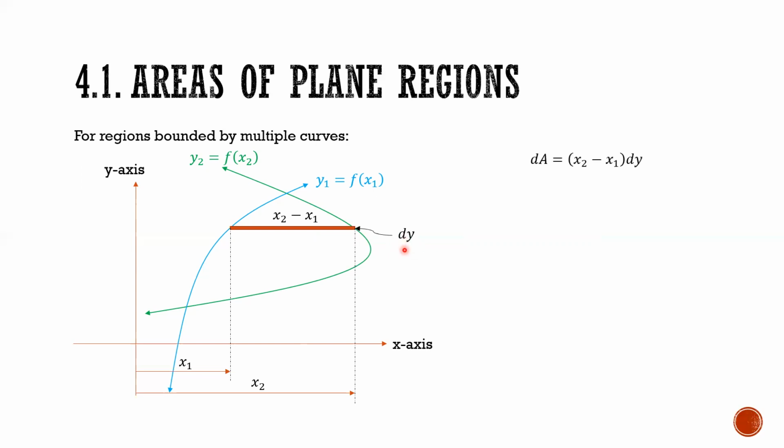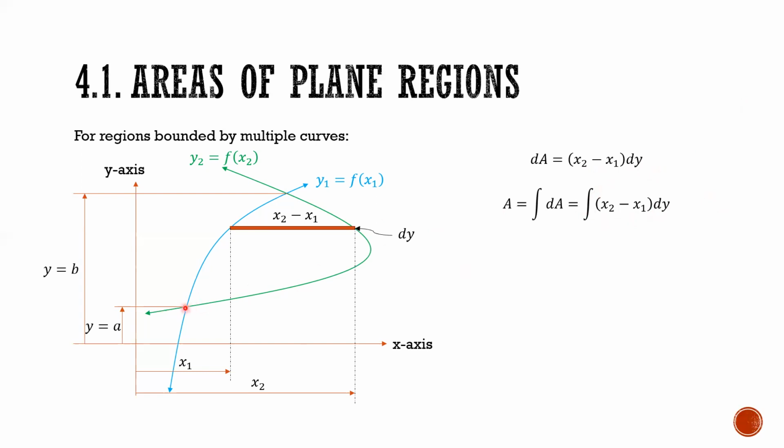So applying the same concept, we have the base times the height. Integrating or summing up, we have this equation. And then we have to consider these points as our limits. Take note that because we are now integrating with respect to y, our limits should be in terms of y as well.